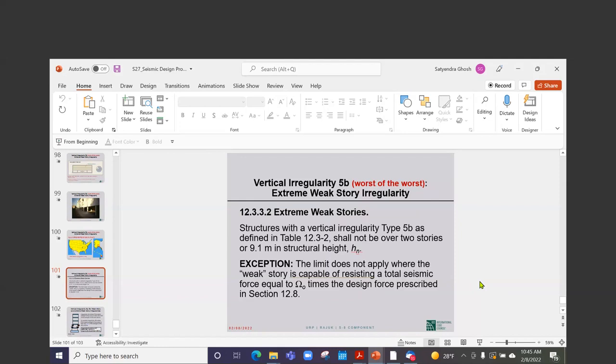Dr. Ghosh, a subsequent question to this is, for drift computation, which load combination do we need to check? I don't know why this keeps coming up.